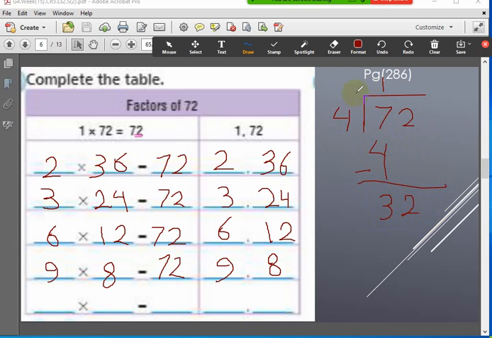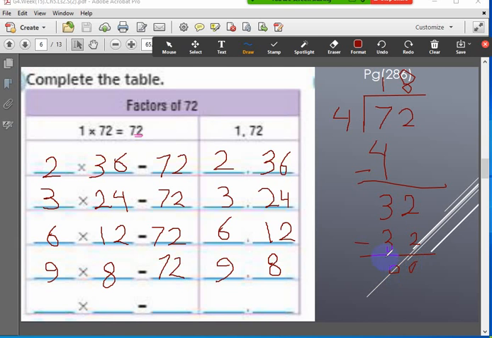Now 32 divided by 4. What is the number that if you multiply it by 4, the answer will be 32? From the multiplication table, it's 8, because 8 multiplied by 4 equals 32. So look, another two factors. Now, 32 minus 32 will be 0. Girls, please stop typing on the chat.